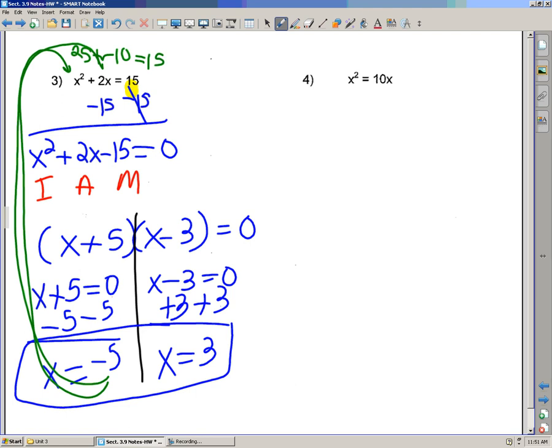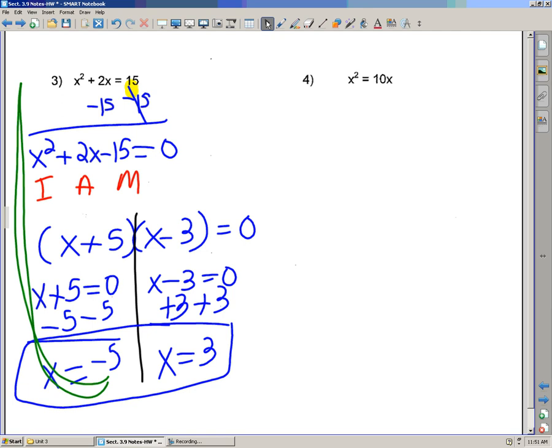That makes sense. It's supposed to. The other value should work too if you start plugging in the 3. Well, 3 squared is 9, 2 times 3 is 6, and 9 plus 6 is 15. So again, the idea is that whatever solutions you get, when plugged in for x into the original equation, have to give you a true statement when you're finished.